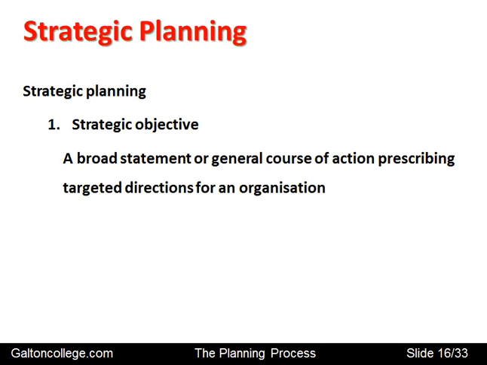Strategic planning, well, the strategic objective, that's a broad statement or general course of action prescribing targeted directions for the organization. It's telling the organization which way to move. It's identifying the course of action. It's identifying where the company wants to be. It identifies the course of action to get there, and it prescribes the direction.